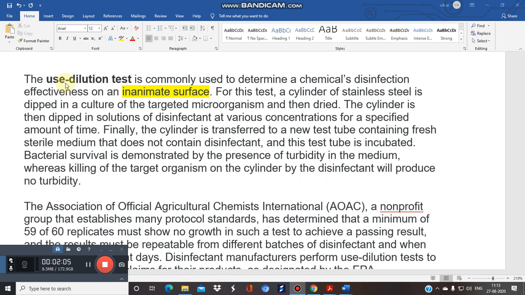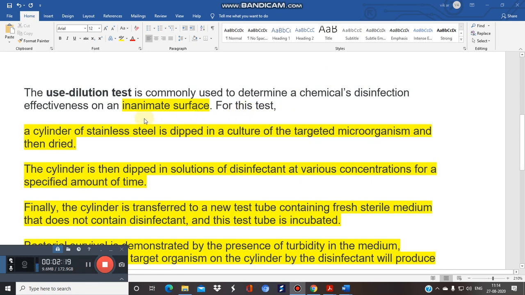The use dilution test is commonly used to determine chemical disinfection of an inanimate surface. For this test, and this is very simple, a stainless steel cylinder is taken and dipped in a culture of the targeted microorganism.